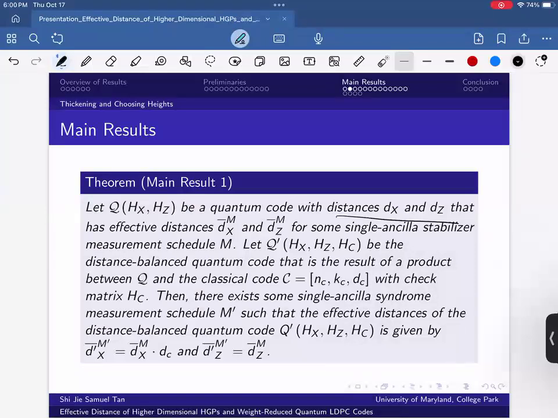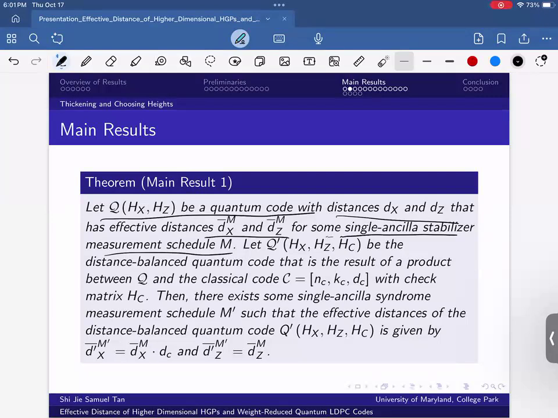Yeah, that's one. So the idea is that if your original quantum code has effective distances dx and dz bar, with M, where M is some single ancilla stabilizer measurement schedule. Recall that we say the effective distance is defined with respect to some measurement schedule or circuit.